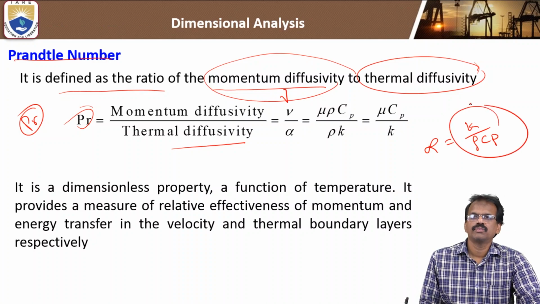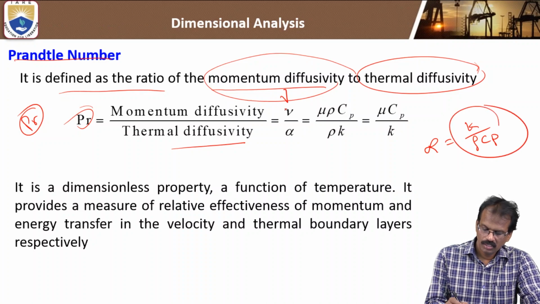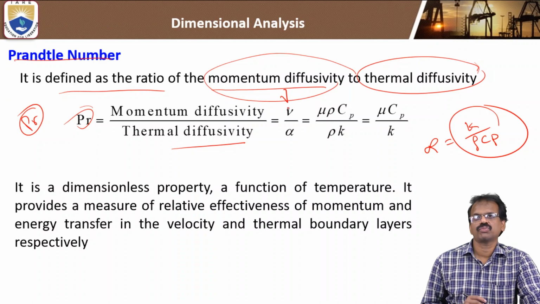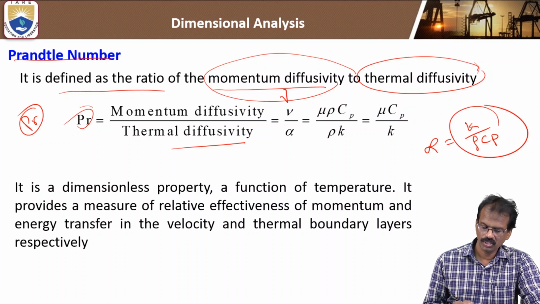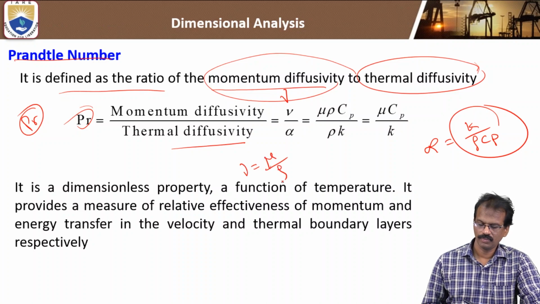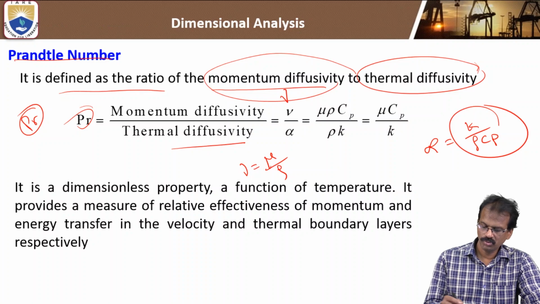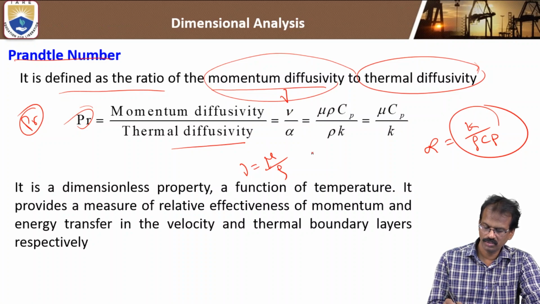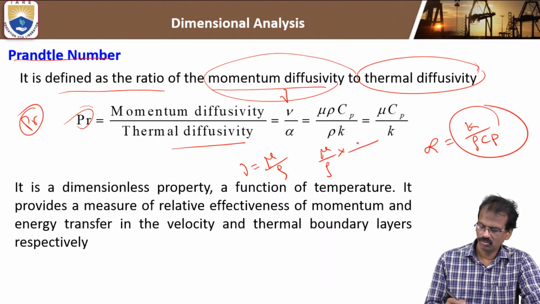So this is the value. Nu is the kinematic viscosity. We can convert it into dynamic viscosity: kinematic viscosity is equal to dynamic viscosity by density. If you substitute the values, nu becomes mu by rho, and alpha becomes k by rho Cp.